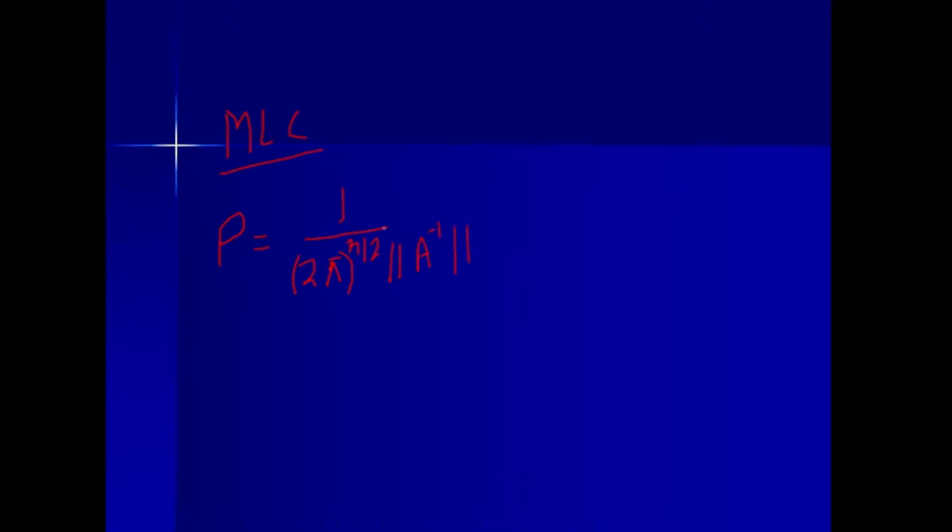You have to get its mod, and then e to the power minus 0.5 bracket xi minus xj bar, the transpose of this vector difference, and then A inverse, xi minus xj bar. So here you are getting the probability formula.